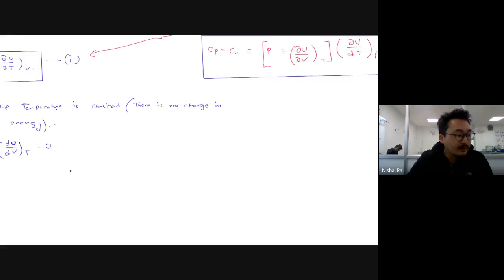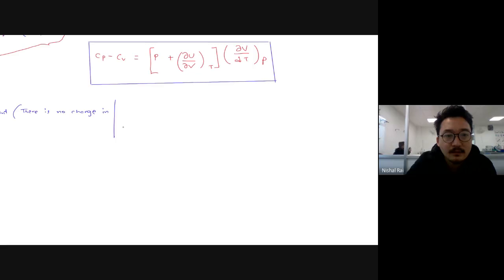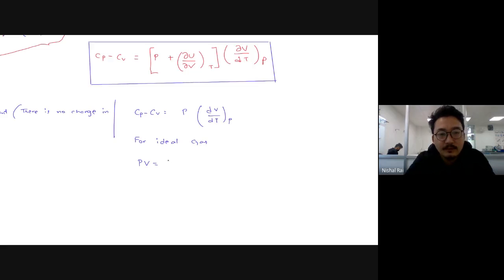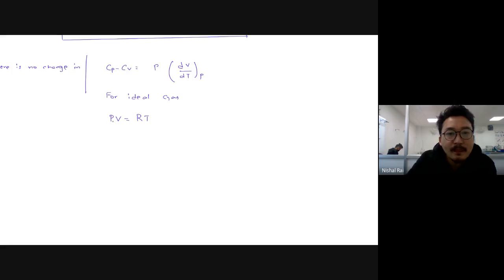So we can write Cp minus Cv, from this expression, as P into del V by del T at constant pressure. Clear? And for an ideal gas, what do we have? PV is equal to RT. So now we need V with respect to T at constant pressure.